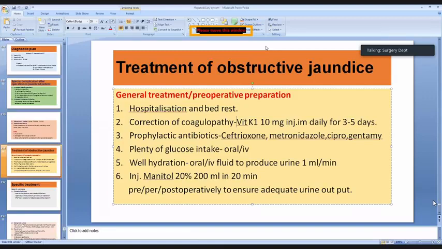If the patient is severely jaundiced, we give mannitol before operation, sometimes we continue during operation and thereafter.